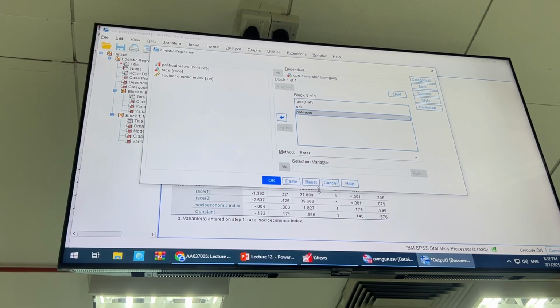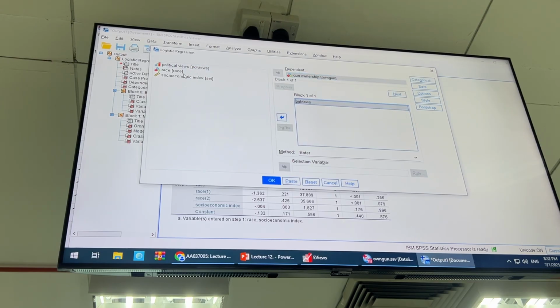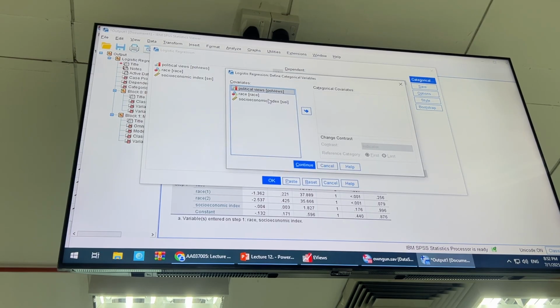Okay, I repeat. This one is the dependent variable, gun ownership. We have 3 independent variables now: views, race, SEI. Race is categorical, with values 1, 2, 3, so you have to tell the procedure that race is categorical, and you use the first value as the reference category.